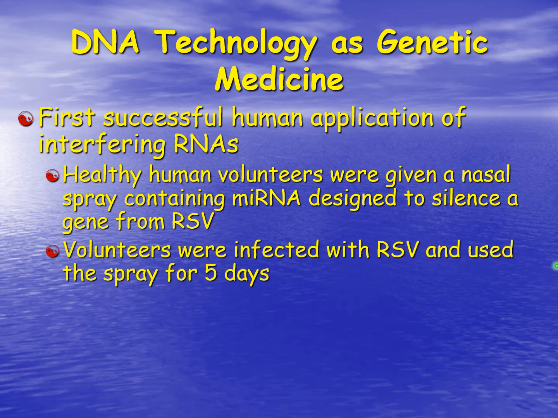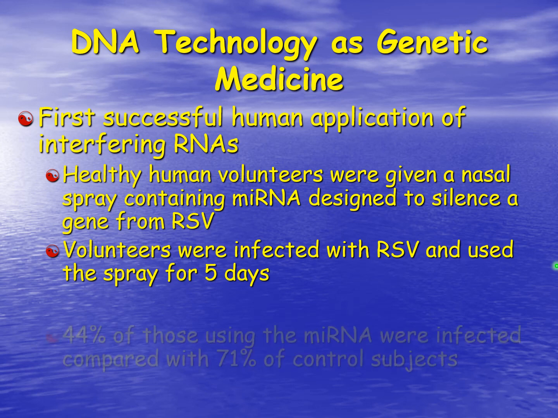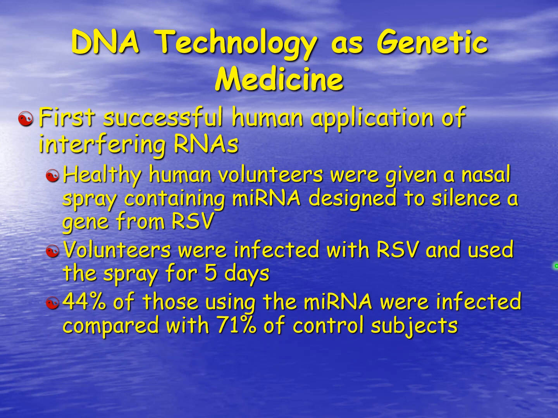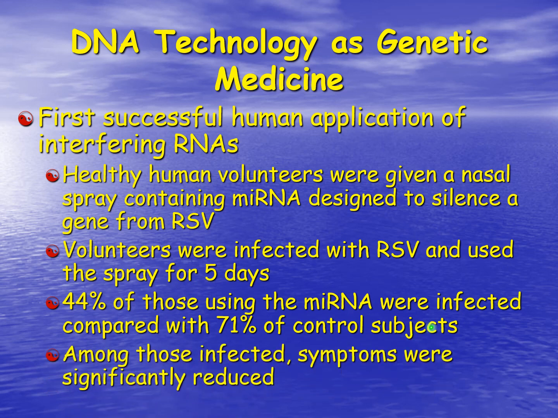Volunteers were then infected with RSV and used the spray containing the microRNA for 5 days. 44% of those using the microRNA became infected, compared to 71% of those that used a spray that did not contain the microRNA, the control subjects. And of those that did become infected with RSV, their symptoms were significantly reduced.